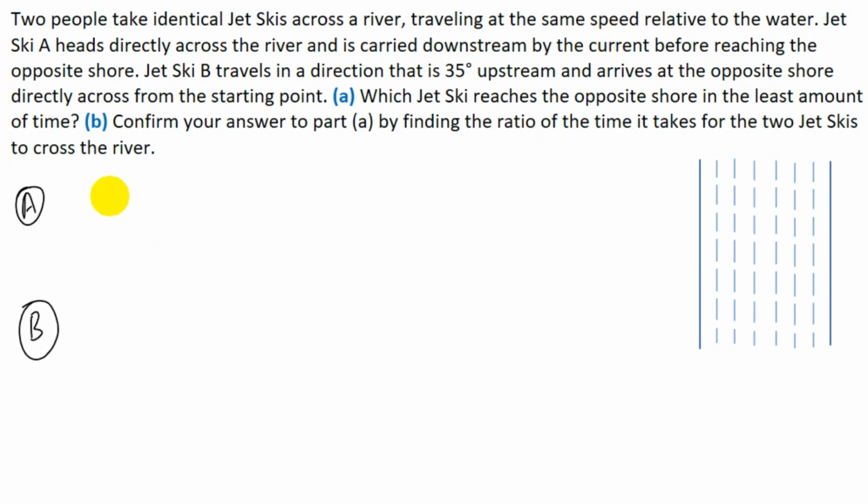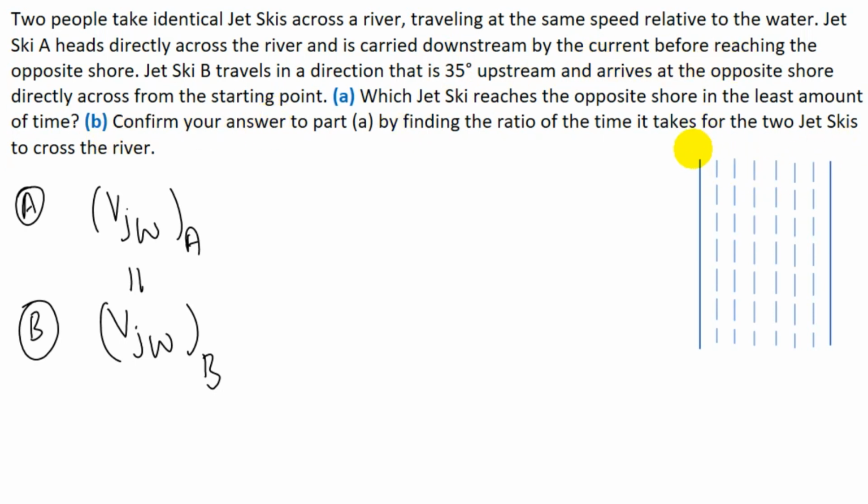That means the speed of the jet ski relative to water for A and for B are equal. This is what they are saying, but the difference is that jet ski A heads directly across the river and is carried downstream by a current before reaching the opposite shore.